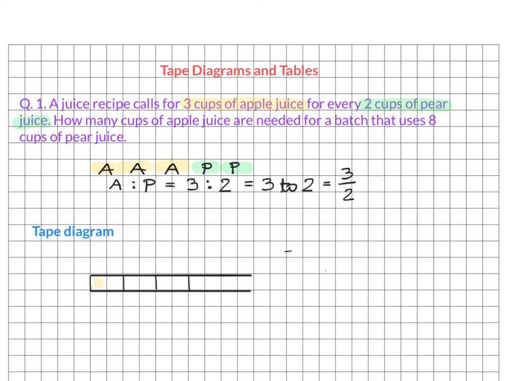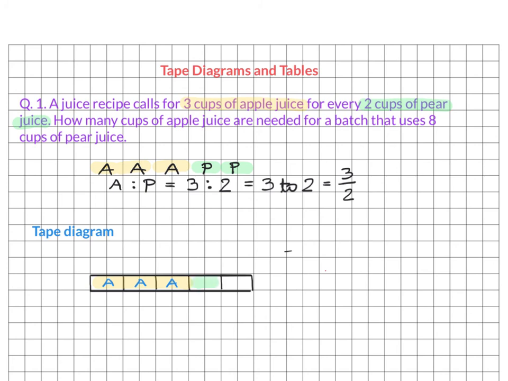My apple juice is yellow. So these are yellow, and I'm going to put A inside them. I'm going to put A for apple juice inside of each of them. And then I have 2 more squares that represent pear juice, and that was green.